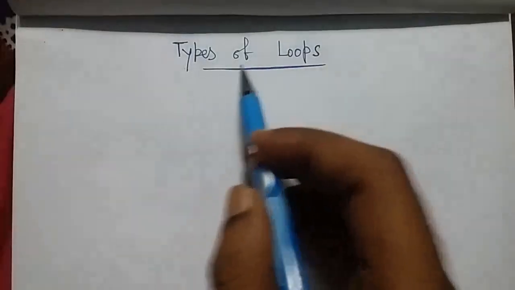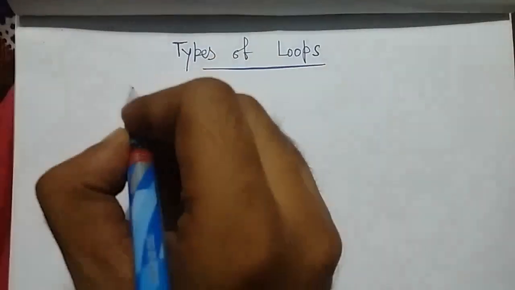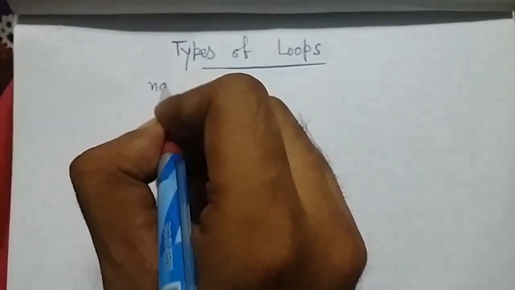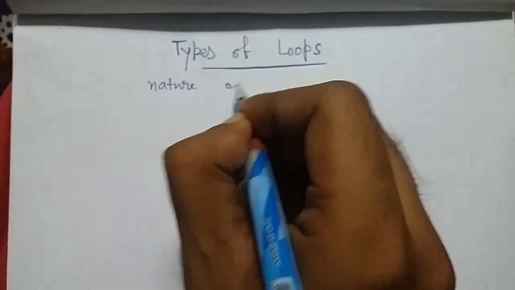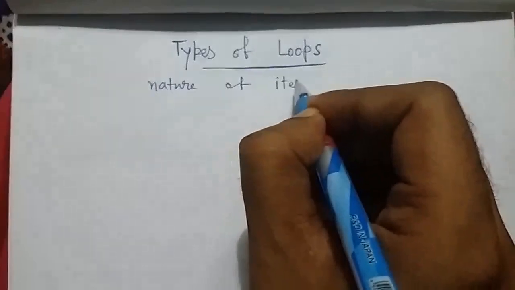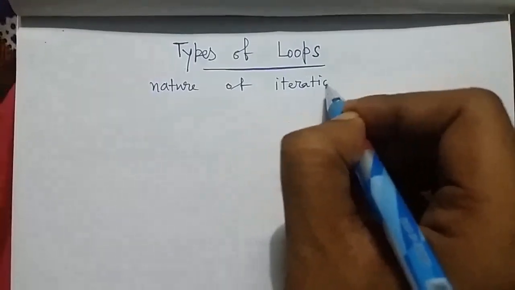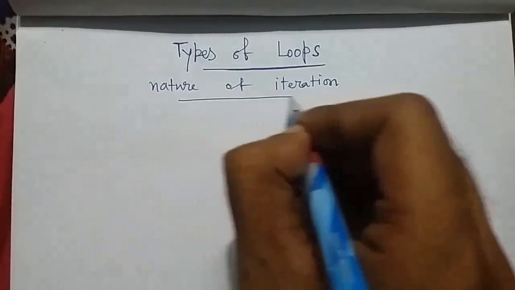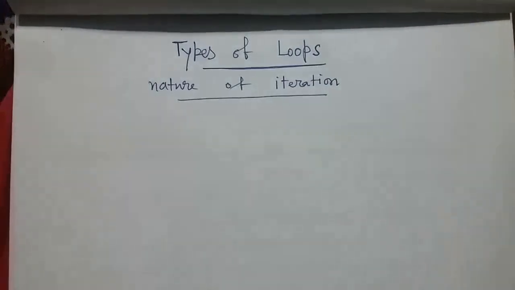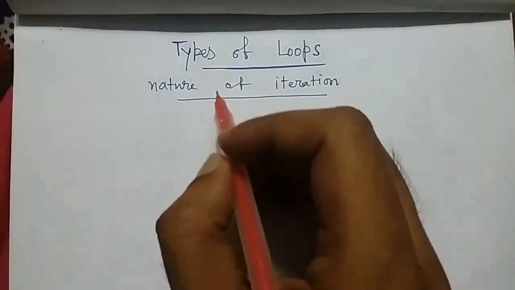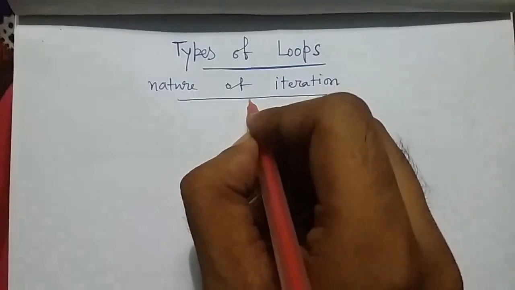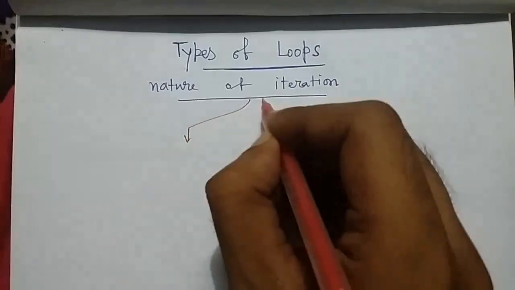Now we will discuss the types of loops on the basis of the nature of iterations. On the basis of the nature of iteration, loops are divided into two types.